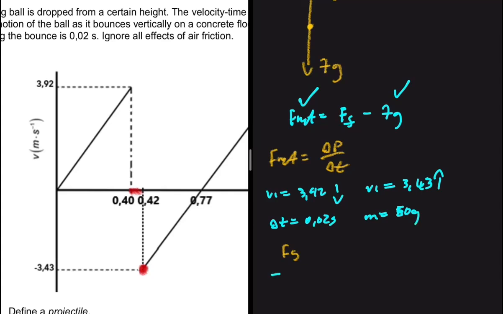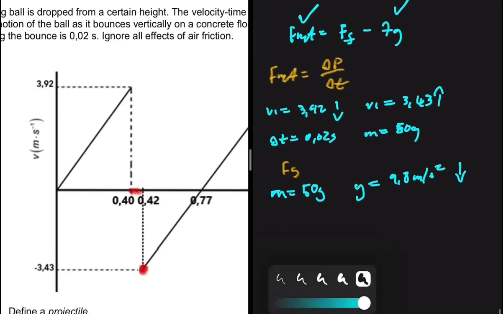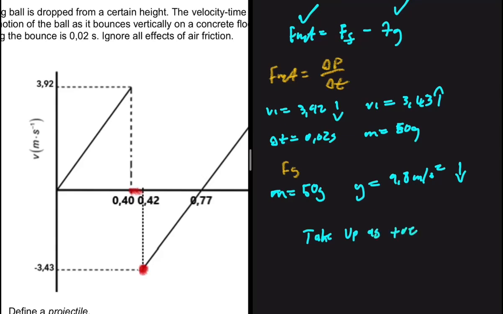So FG, the mass is 50 grams, and the gravitational acceleration due to the Earth is 9.8 meters per second squared downwards, right? That direction is going to come in handy when we substitute. So which direction do we want to take as positive? Let's take up as positive. It is just common sense.